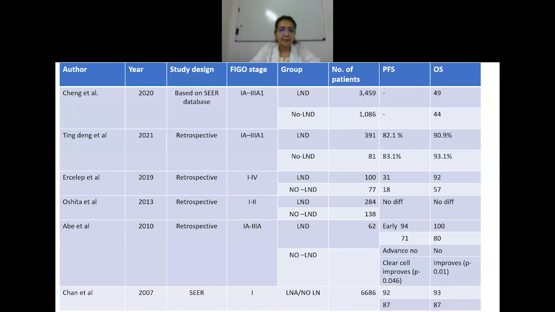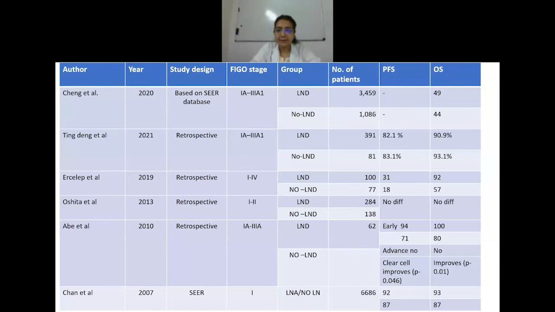So it was a negative study. Ting Deng et al. in 2021 was a retrospective study. It included stage 1A to 3A, and the groups were lymph node dissection and no lymph node dissection, and there was no improvement in progression-free survival or overall survival.